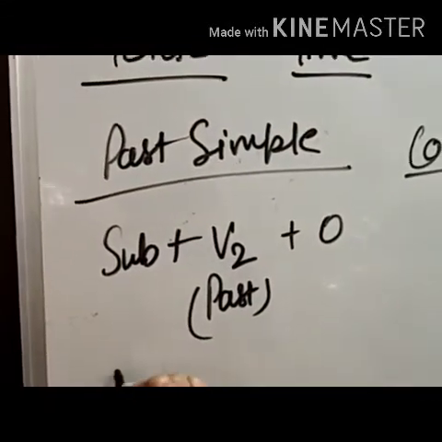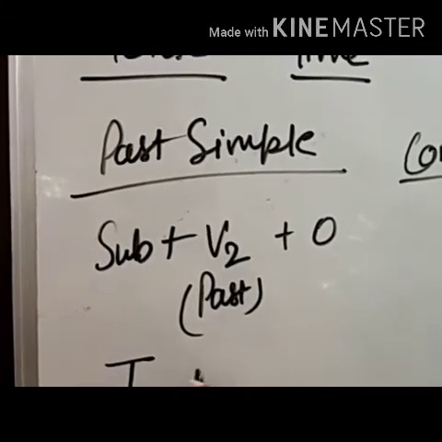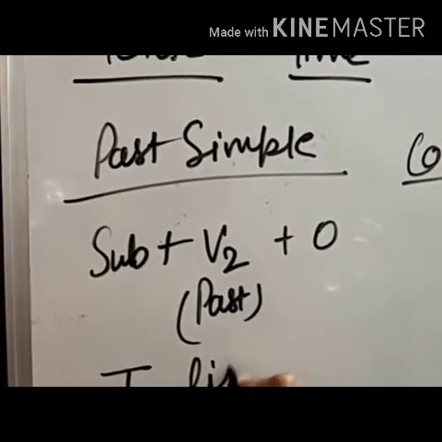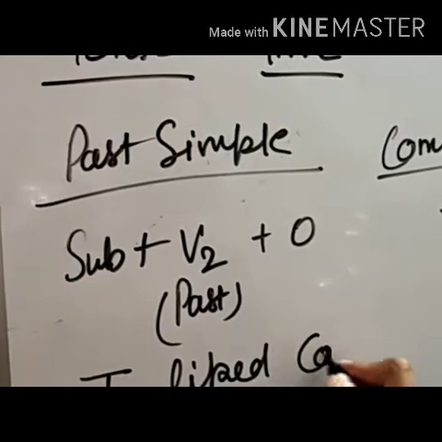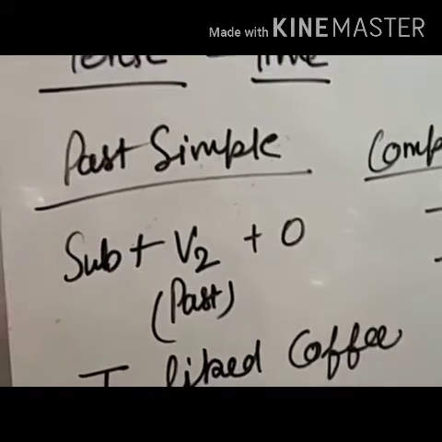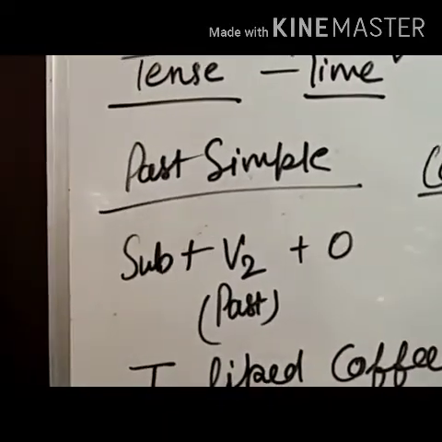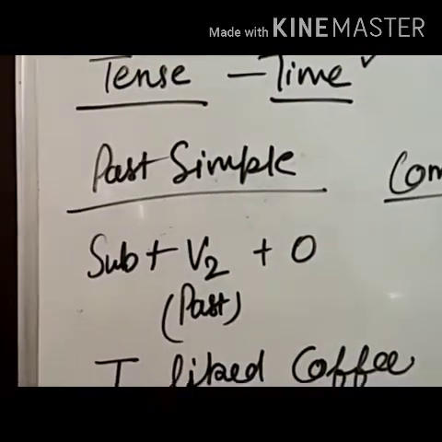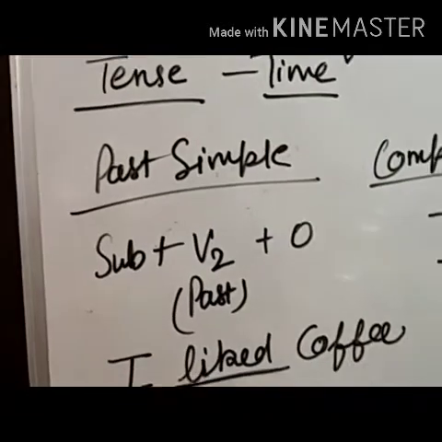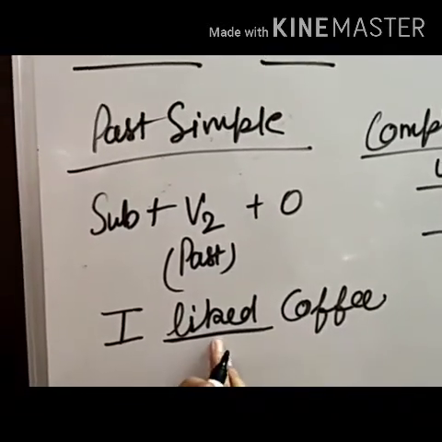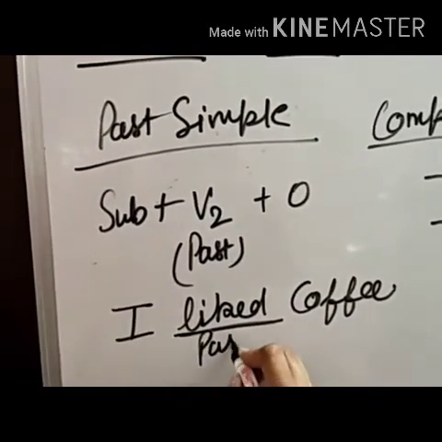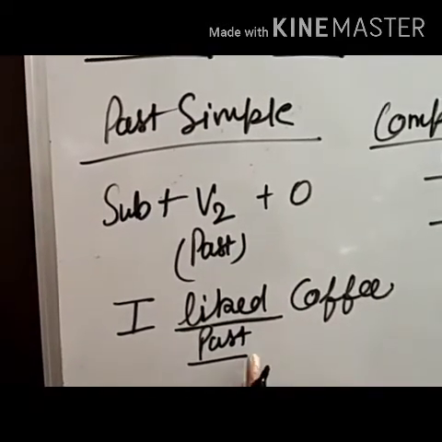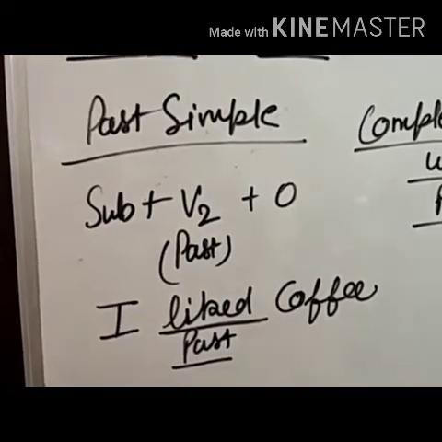Let's write an example. I liked coffee. In this liked, you have to read the form of the verb carefully. This liked is of past. It means this action is finished.